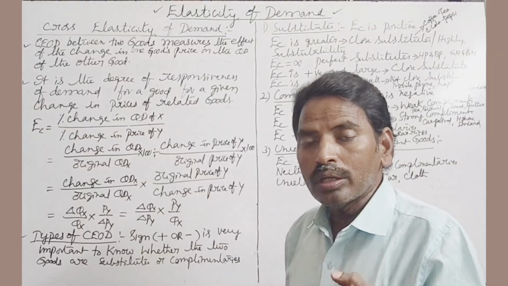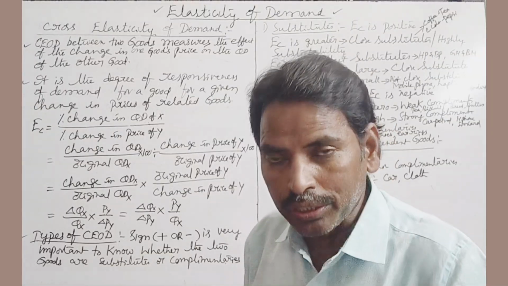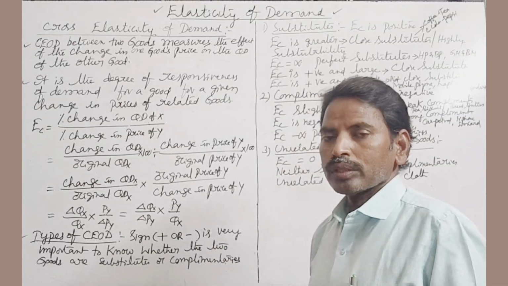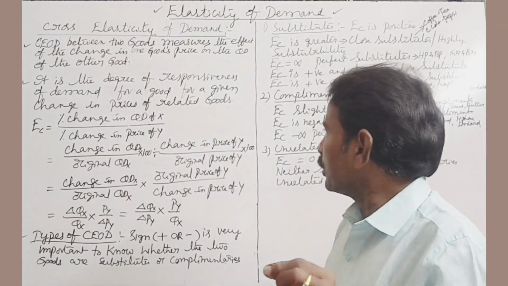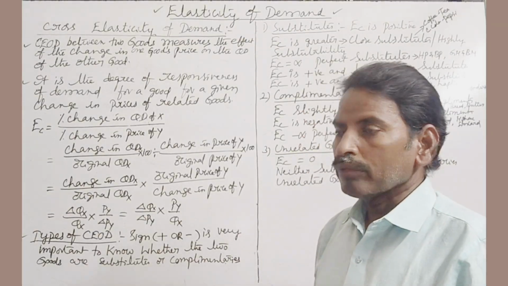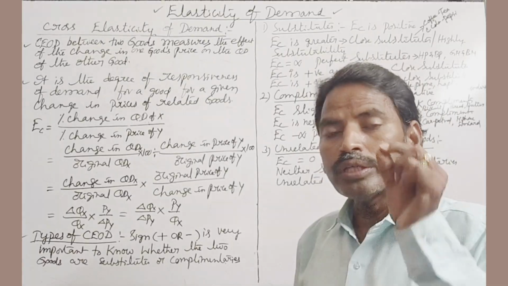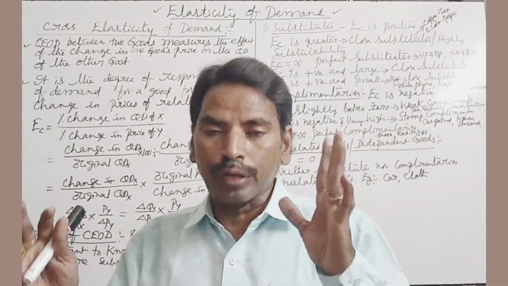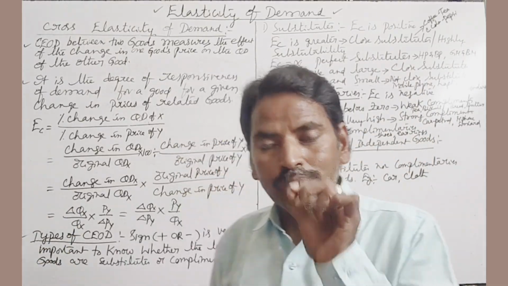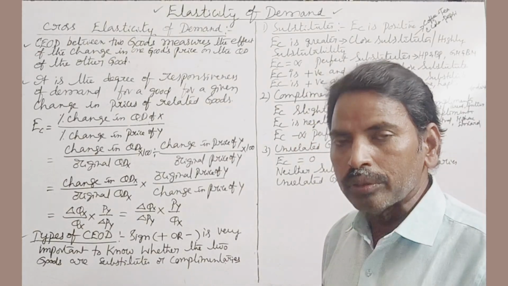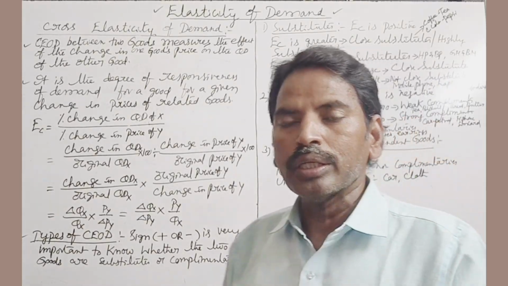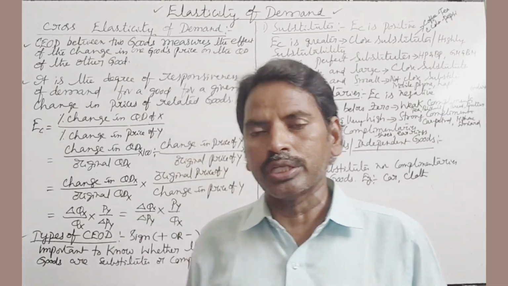So this is called cross price elasticity of demand. In other words, it is the degree of responsiveness of demand for a good for a given change in the prices of related commodities.